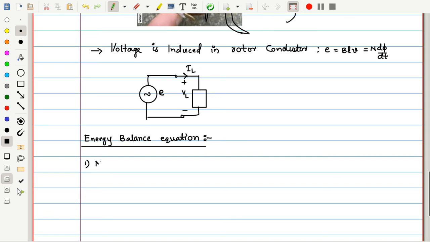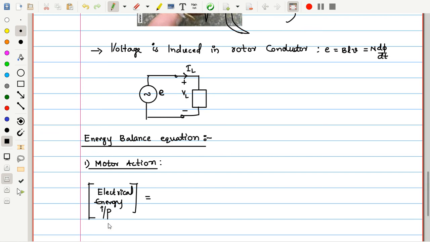So let us take the first one, motor action. In case of motor action, what we are doing is giving electrical energy as input, I'll write it as IP. We are giving electrical energy as input to the motor.